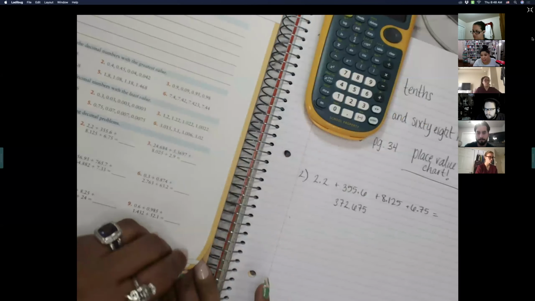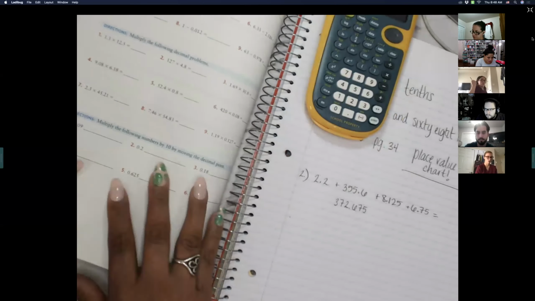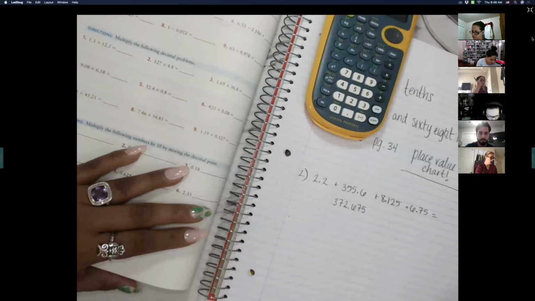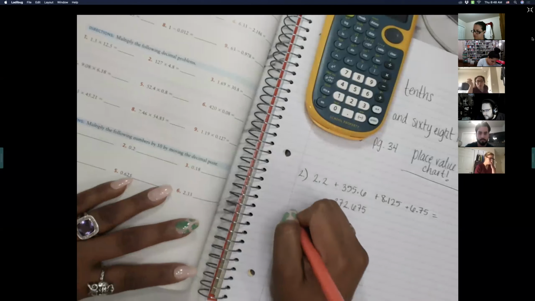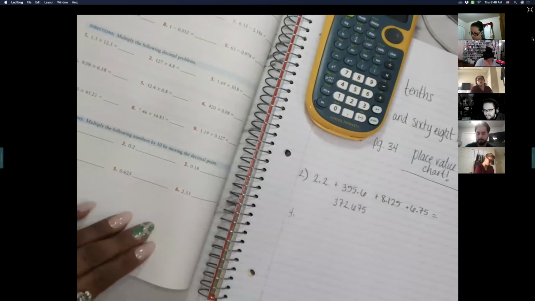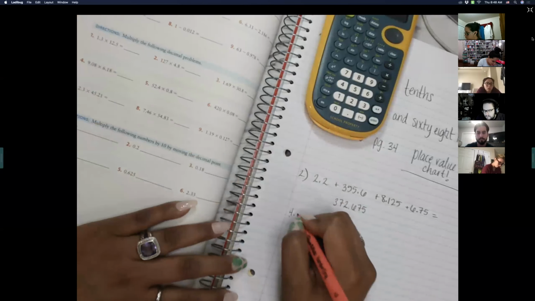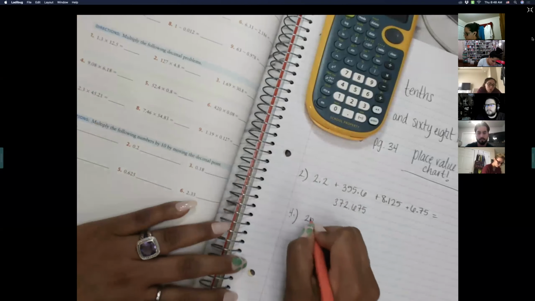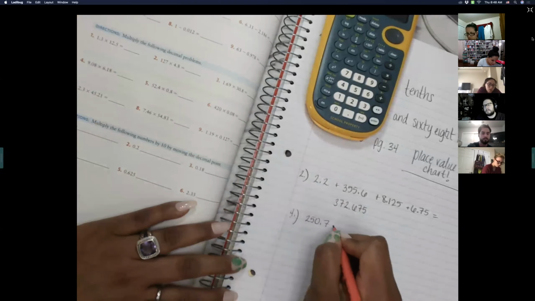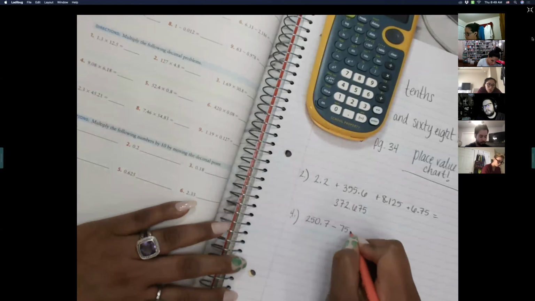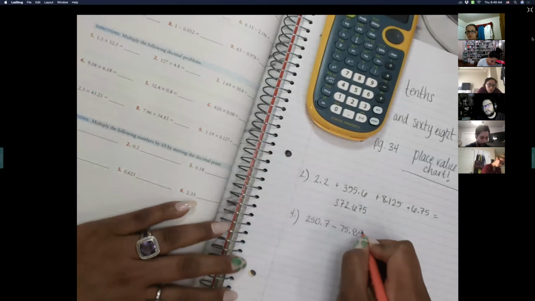So basically that's chapter 2. Add fractions and then subtract fractions. Okay, so let's do a subtraction problem. This is going to be number 4 on page 41 in the subtraction section, and it's asking us to take 250.7 minus 75.896.